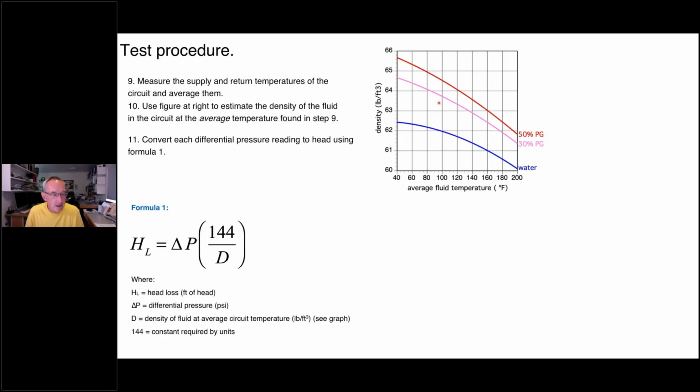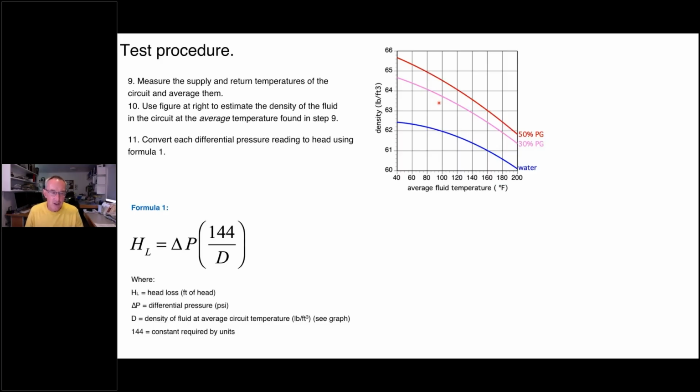Now, you might be thinking, I thought head was just delta P divided by 2.31, or delta P times 0.43. That's an approximation. It's based on water at room temperature. Depending on when you take these measurements, if that circuit is hot and if the circuit has a fluid other than water in it, that rough approximation has error in it.